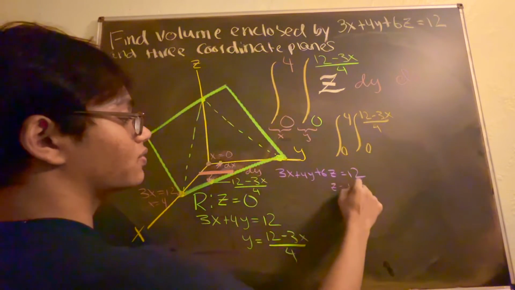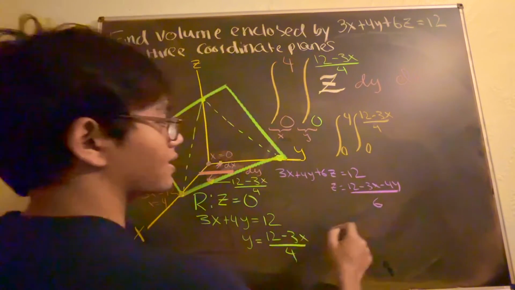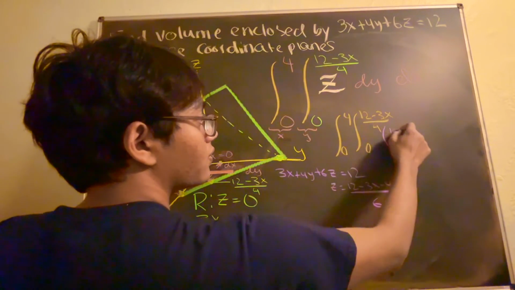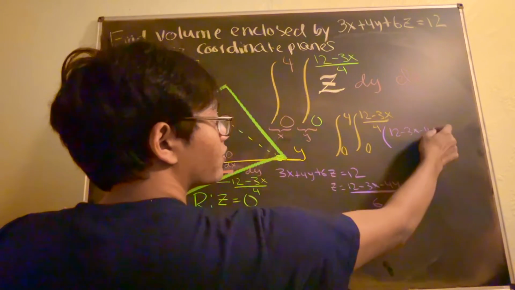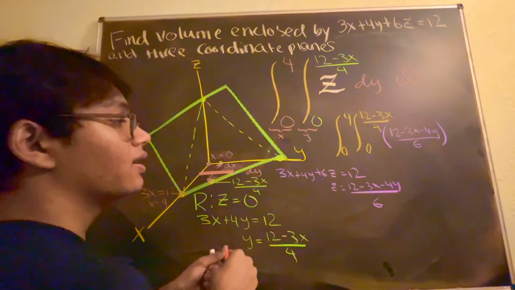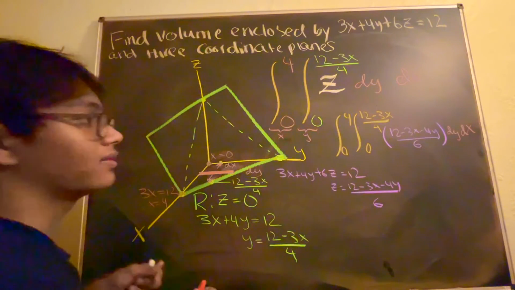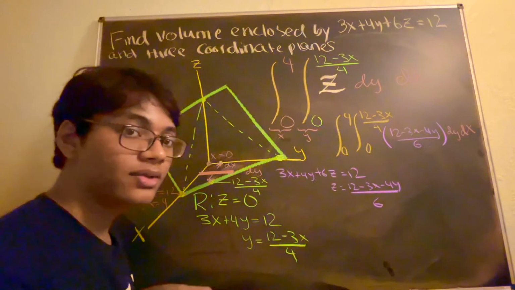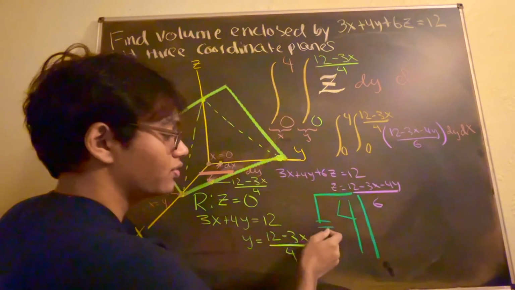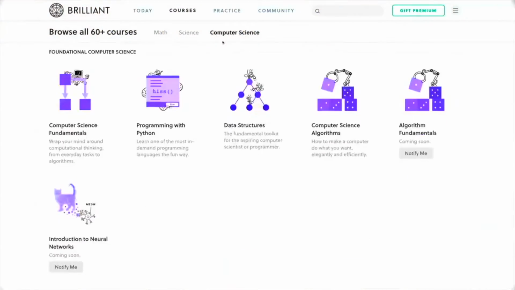So z is 12 minus 3x minus 4y over 6. Plug that in here: 12 minus 3x minus 4y divided by 6, and don't forget your dy dx. That's about it. Now you just plug it in the calculator and see what we get. And that, ladies and gentlemen, is how you do a double integral volume calculation. Thanks for watching.